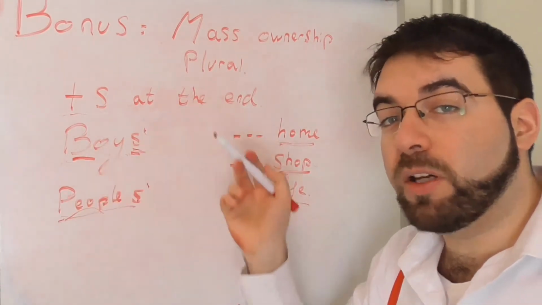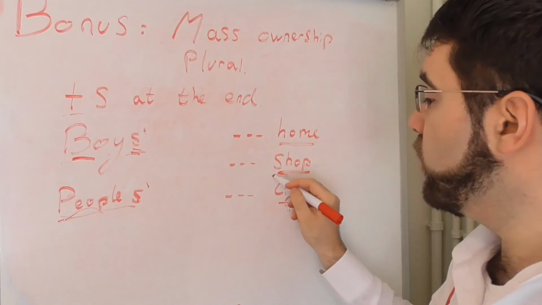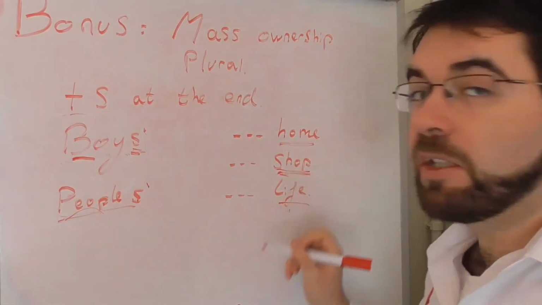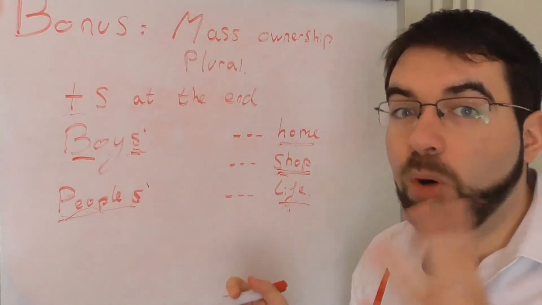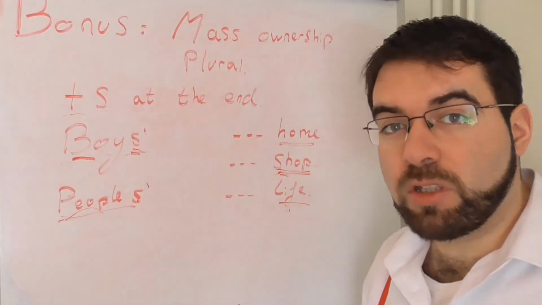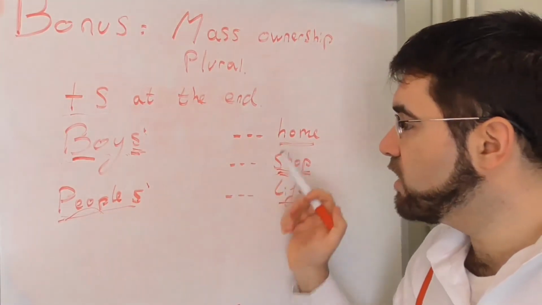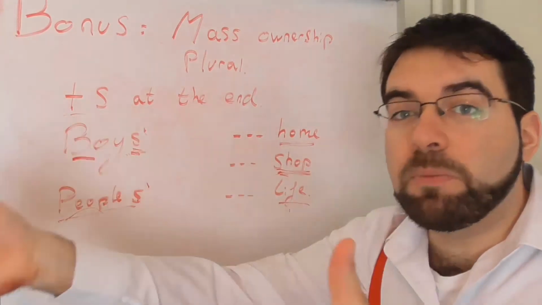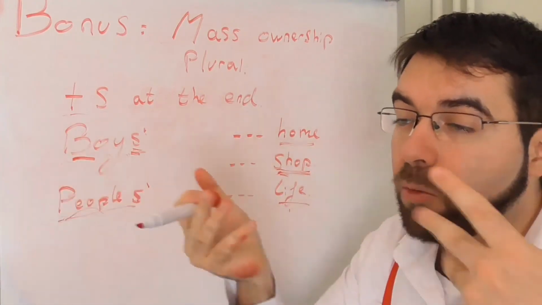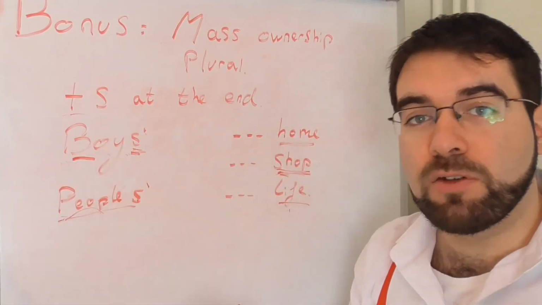That's their home. The boys' home. Or even the boys' shop. It could just be a family called Boyce, B-O-Y-C-E, for example. But boys, people, the boys' shop, the boys' life, the boys' home, the people's home, people's shop. The people's life. People, the general public, that's the people's life. They want to live their own life and do what they want.